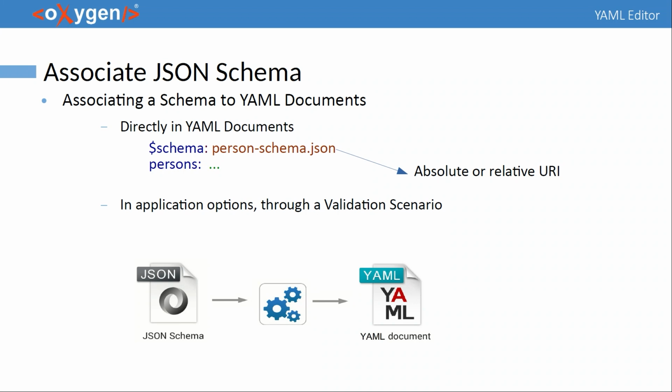Associating a JSON schema to YAML documents can be done in two ways: directly in the YAML document using the $schema property, where you can use absolute or relative URLs or URIs depending on where your schemas are placed, and also using a validation scenario.